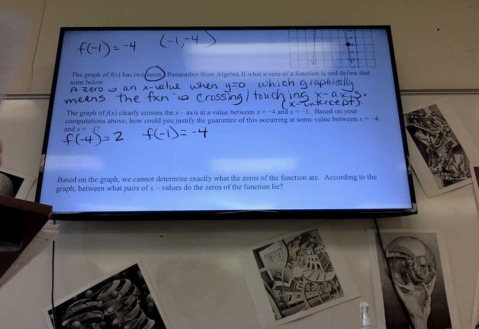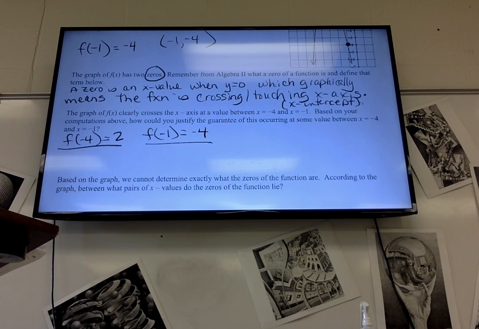If I didn't have the picture of the function, and I was told it's a parabola and I was given this point and this point, how do I know that it has to cross the x-axis somewhere there?